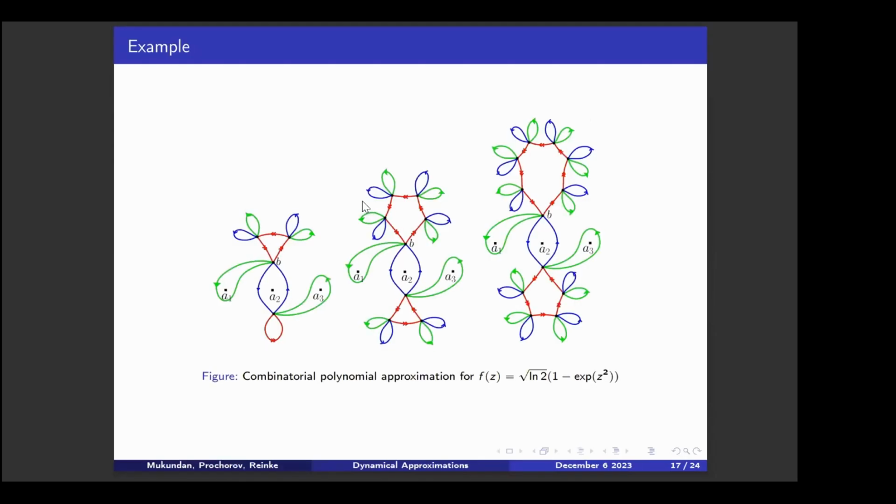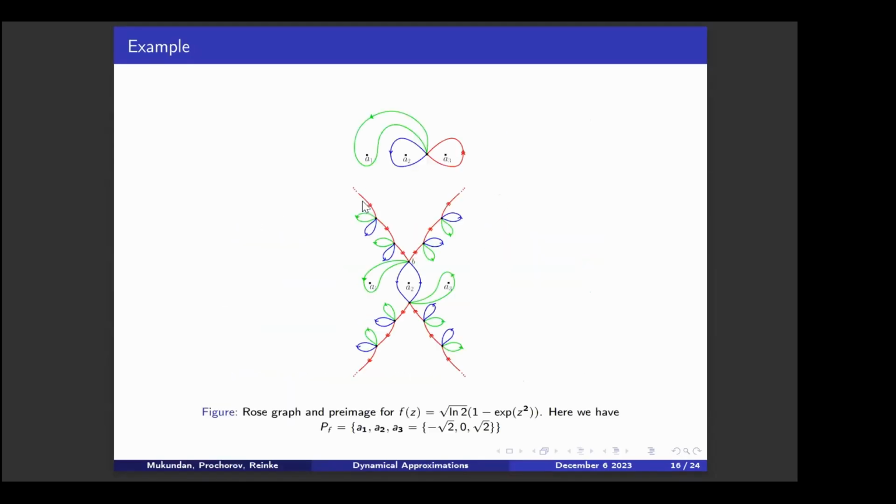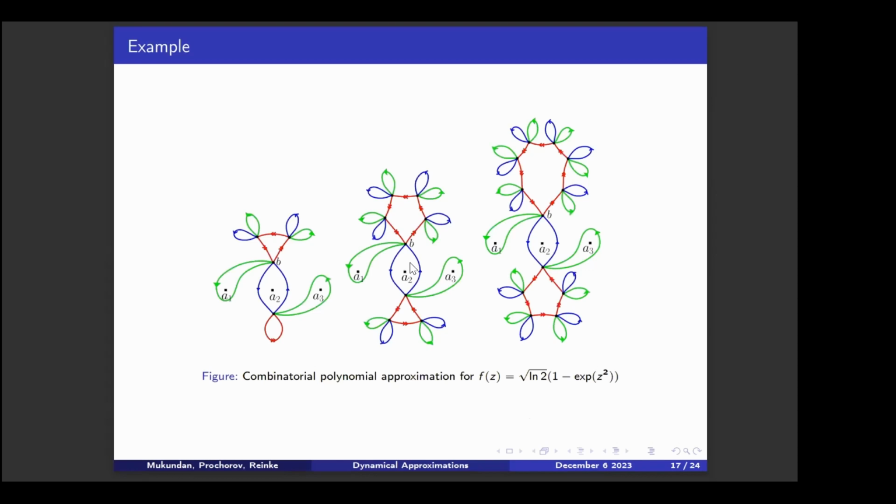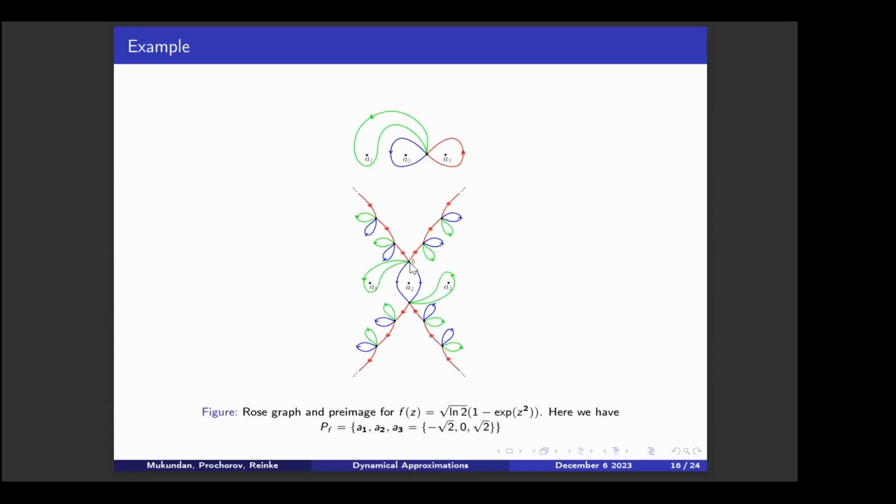And here I should also mention, I said that you can construct a combinatorial approximation by polynomials, but you can construct infinitely many combinatorial approximations. Here I took a specific sequence of finite graphs that approximate my given infinite graph, but you can theoretically produce a different sequence that converges to my infinite graph, and that will correspond to a different sequence of polynomials.